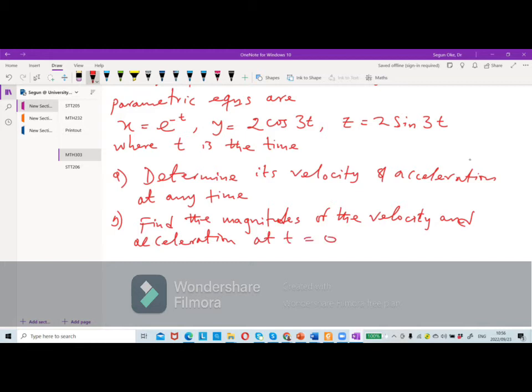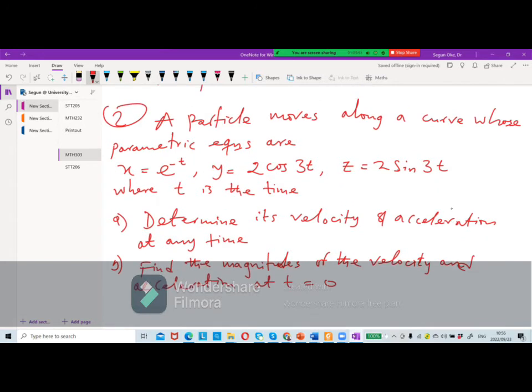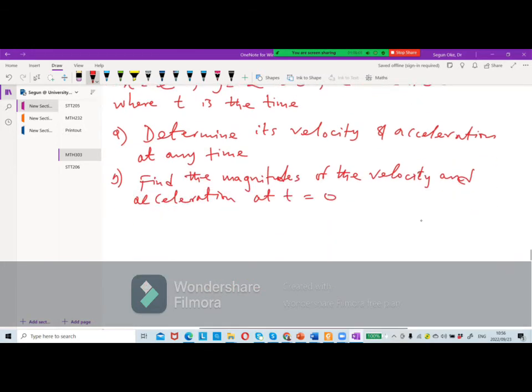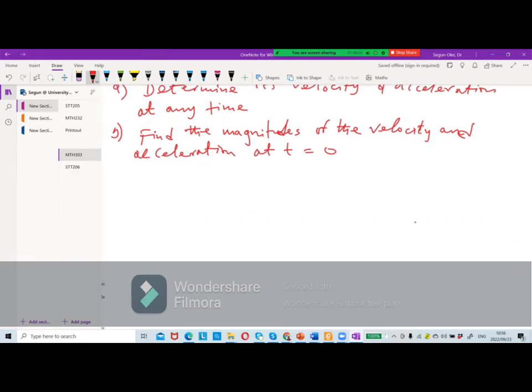So for us to solve this one now, we need to get the position vector r of the particle. Let's look at the solution.